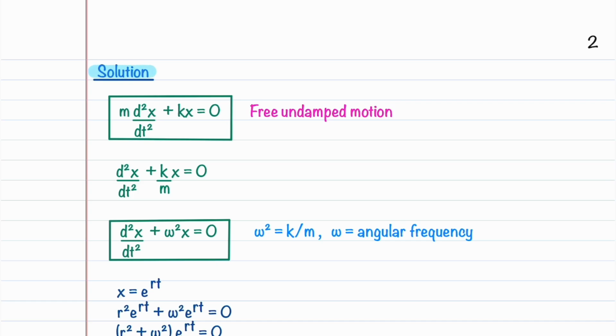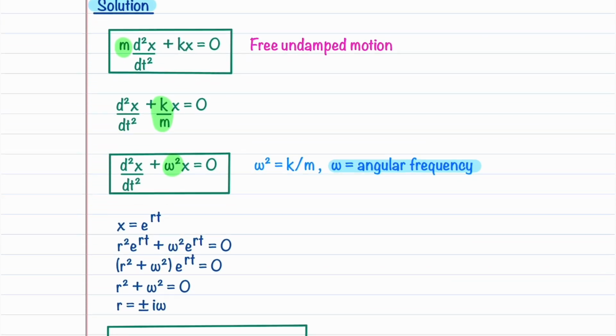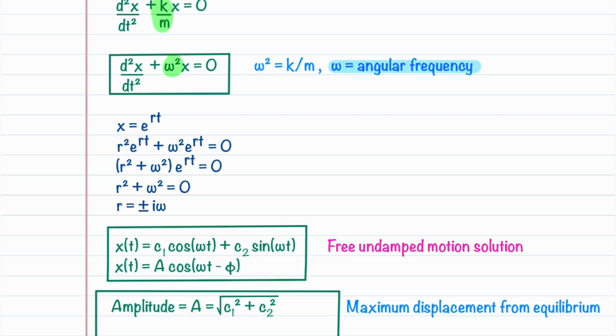Let's now talk about how to solve this equation. We're going to begin by dividing by m and then renaming k divided by m as omega squared, where omega is the angular frequency. Since this equation is a second-order constant coefficient differential equation, we can write its solution as x equal to e to the rt.